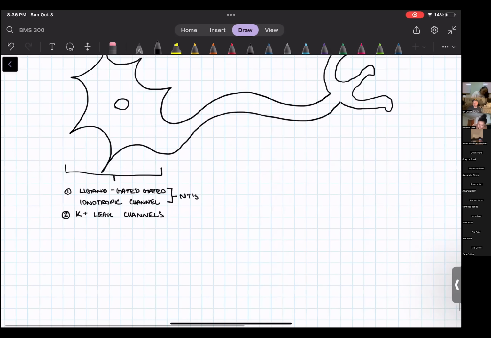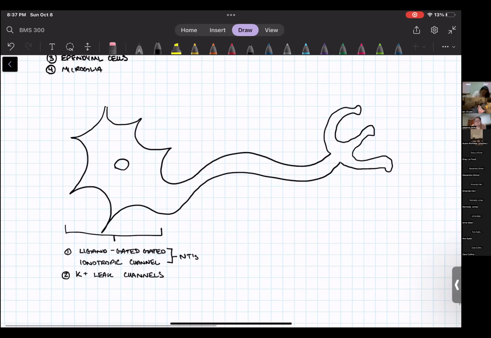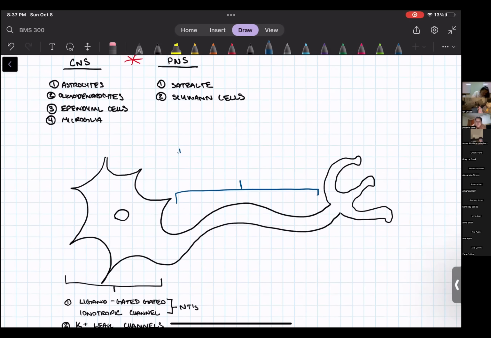Remember with resistance, the more leak channels you have, the less resistance, and the fewer leak channels, the more resistance. Cool. Next one. In the axon, what are our channels? Voltage gated channels. Awesome. Voltage gated sodium and potassium. And then what else?